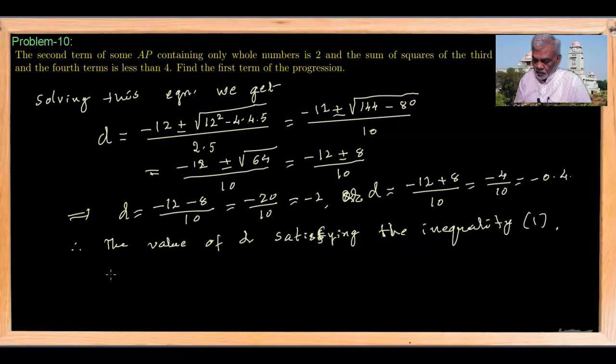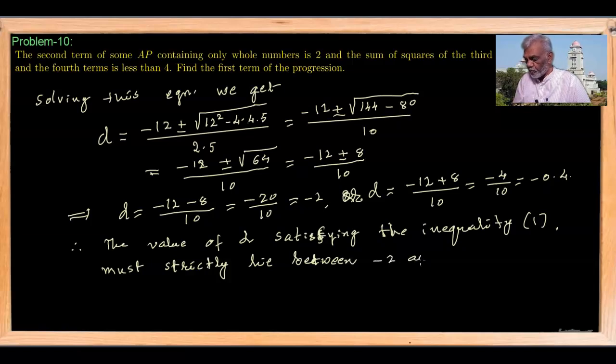D must strictly lie between minus 2 and minus 0.4.